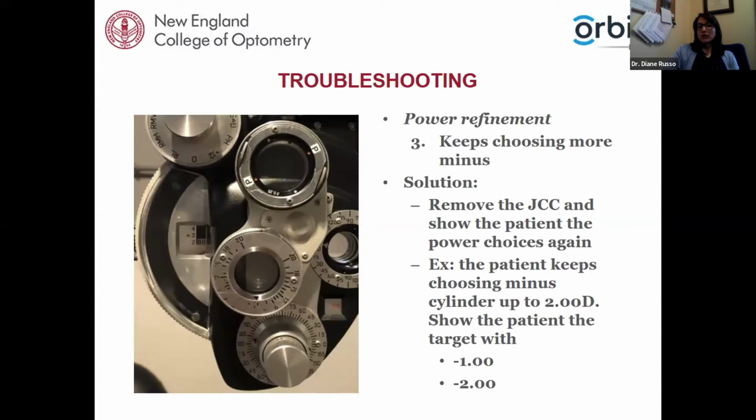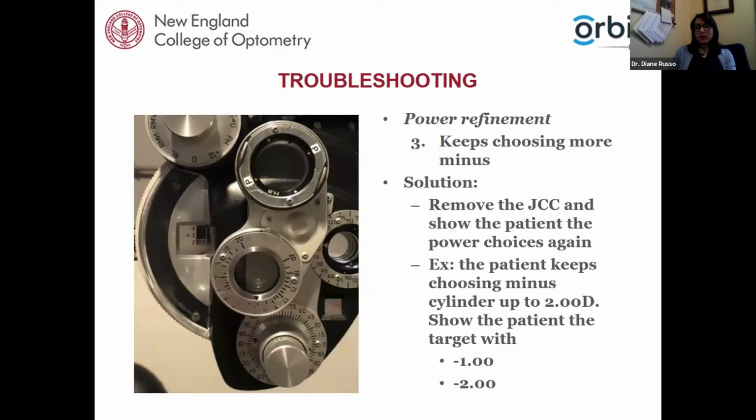So one of the things that you can do here is take out the JCC altogether. Don't give them those choices 1 or 2 anymore. And then show them some of the options without the JCC. So if a patient's choosing, let's say, up to 2 diopters of cylinder, and maybe they started with 1 diopter, what you can do is now, after removing the JCC, just show them the -1 cylinder power.